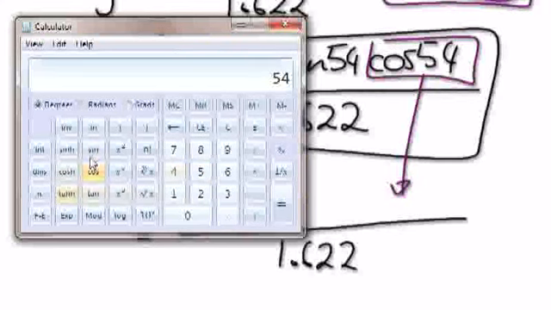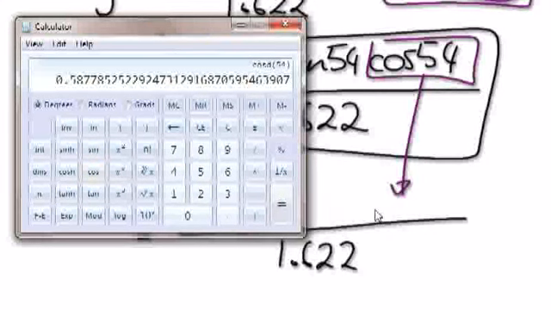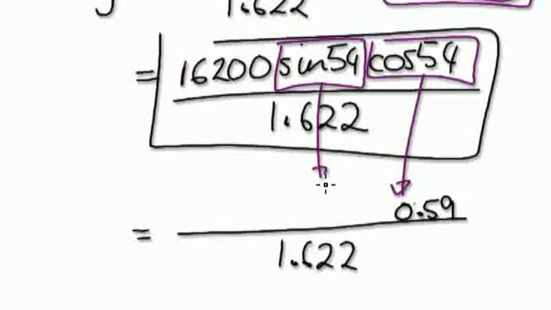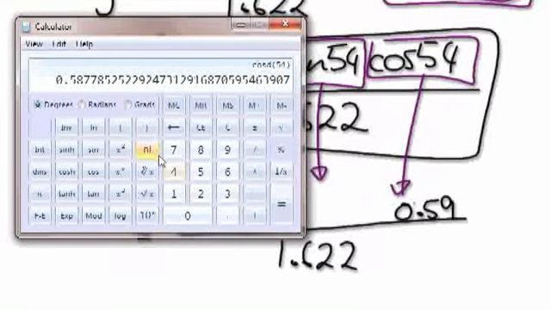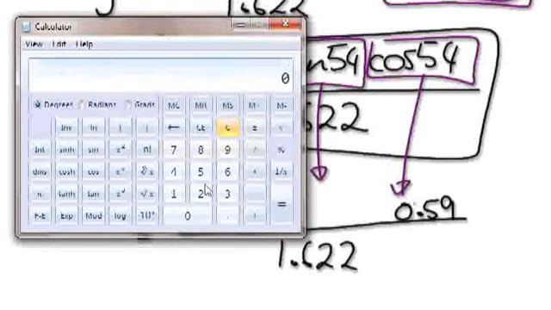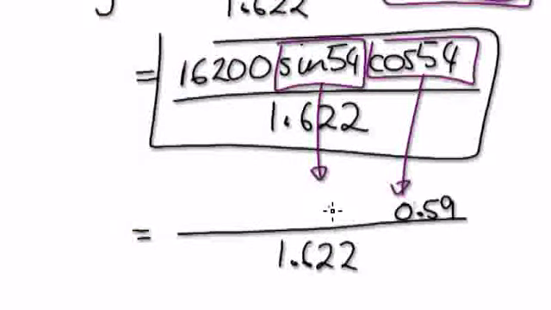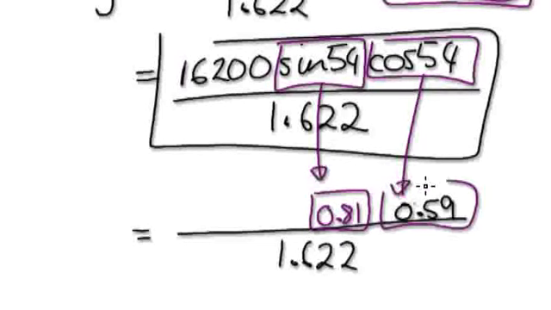Cos 54 is 0.59. I'm just going to round it off roughly. So now let's do this here. Sine 54 will be 0.81. So remember, it's this times this, and then we've got to times by this.